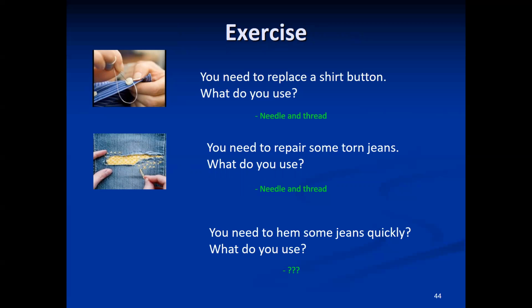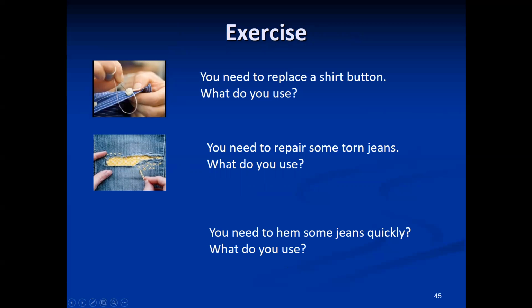That is, they will automatically use the method that they have used in the past. Automatically doing things in the same way that you have done them in the past prevents you from seeing alternative methods, such as using a stapler instead of a needle and thread.